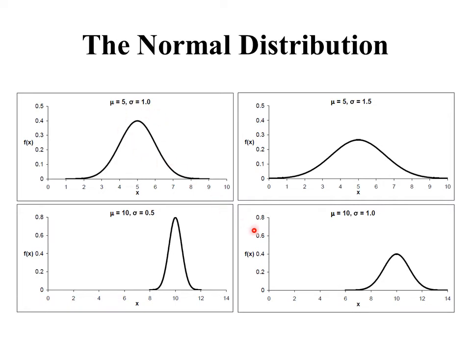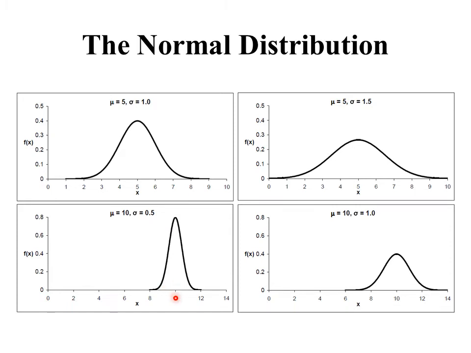If you look at these two bell curves right here, they both have standard deviation of 1 and they're fairly wide. This one here has a standard deviation of 1.5. It's a much wider bell curve. This one here has a standard deviation of 0.05. It's much taller and narrower.